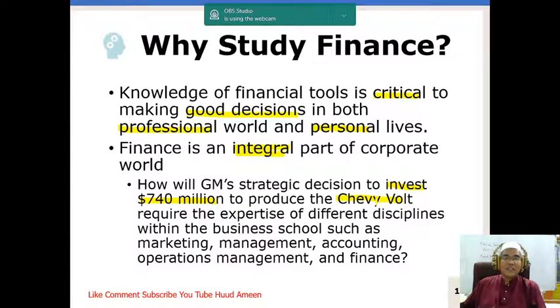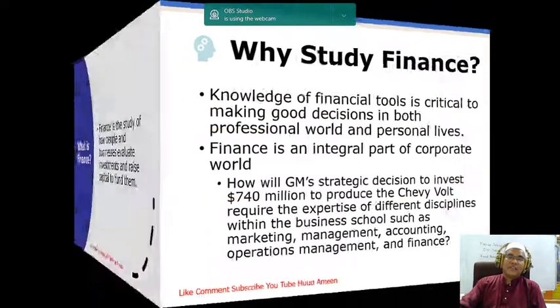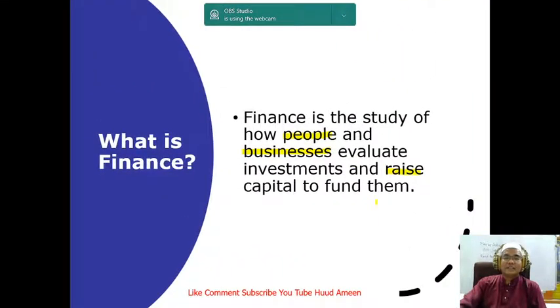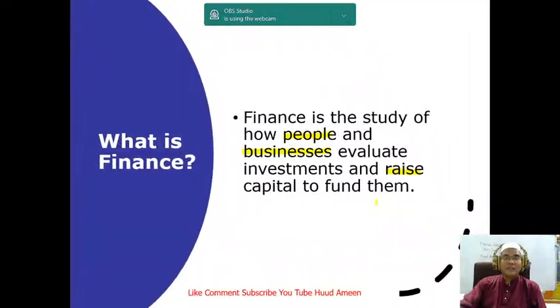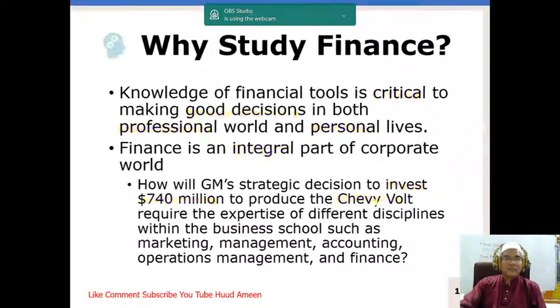Operations management, to build or prepare the machines. And finance. What is finance? To raise funds, to raise capital to fund back the company.